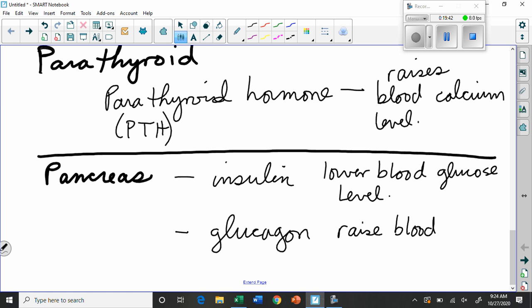It stimulates the breakdown of those by the liver. So when glucagon goes to the liver, it tells the liver, hey, we need to start breaking down fats and things. And glucagon can also activate fat cells to start burning that fat. That would essentially make more glucose available to the bloodstream. So it raises blood glucose levels in that sense.